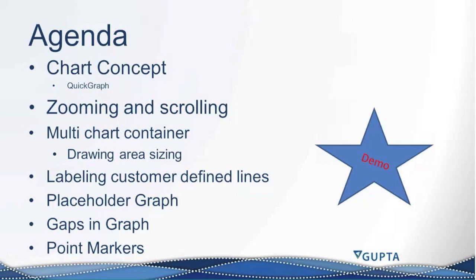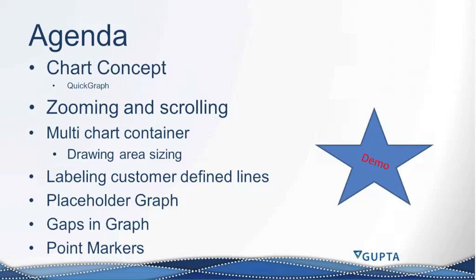I want to talk about zooming and scrolling inside chart controls. And one very good point is the multi-chart container, a very useful tool that you can use inside your application to split different graphs into different sections of your chart control.